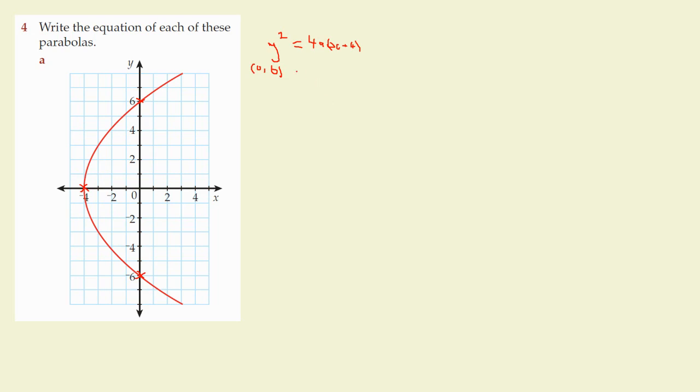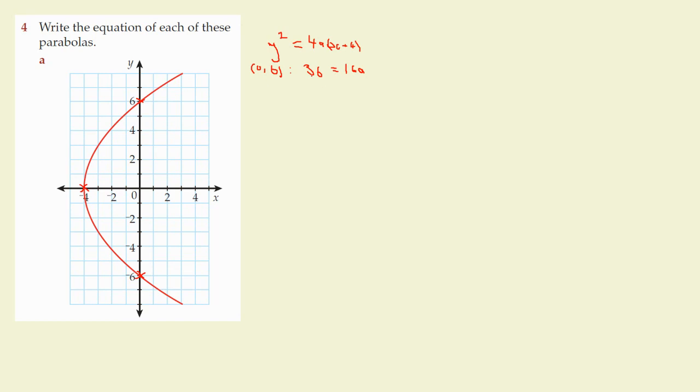It wouldn't matter if we used the other one, because when we square y we get the same thing. So I've got 36 is 4a(x + 4), and x was 0, so x + 4 is 4. I end up with 16a: 4 lots of 4a. 36 is 16a.